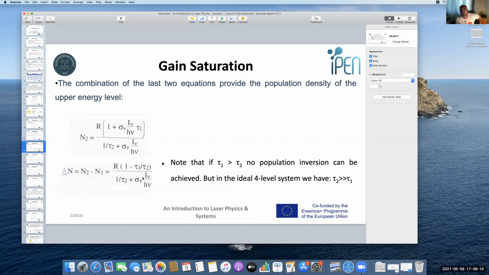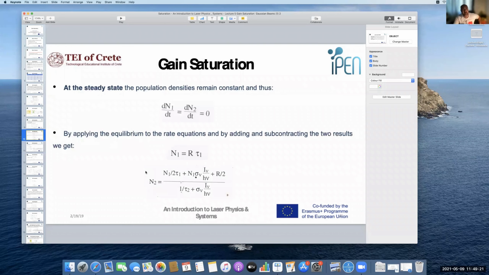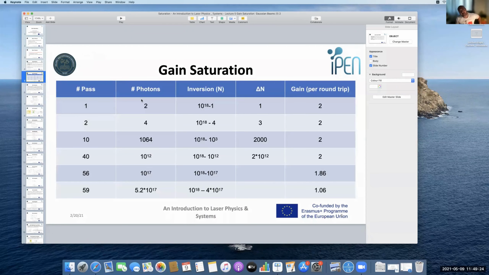Okay? You can see that as this value is getting bigger and bigger, as in this case here, these are the photons, but it's the same. If you multiply this with the energy difference E2 minus E1, this is like the intensity divided by time and by the frequency, the beam size, the surface of the beam.